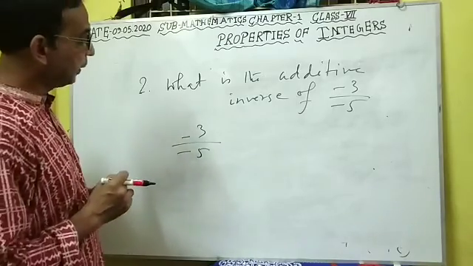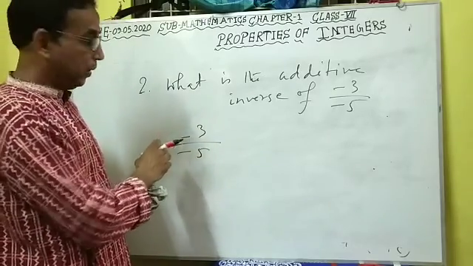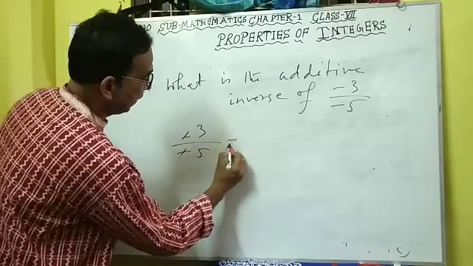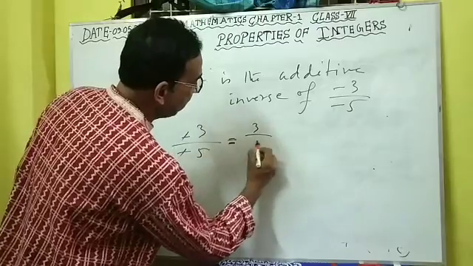At first, you have to cancel both the signs, and the number becomes 3 by 5.